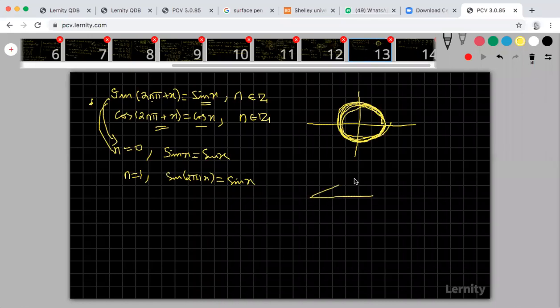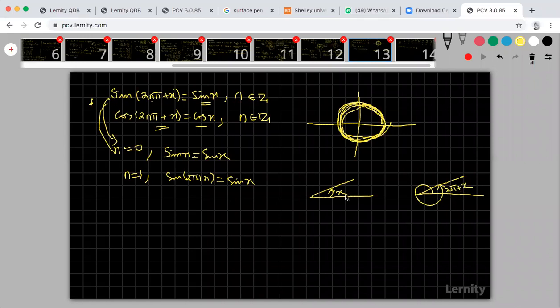This is my x. Suppose I am taking this as my 2 pi plus x. This is one full complete rotation, a complete revolution is 2 pi. Again I'm adding plus x.